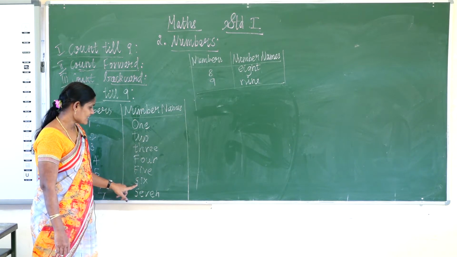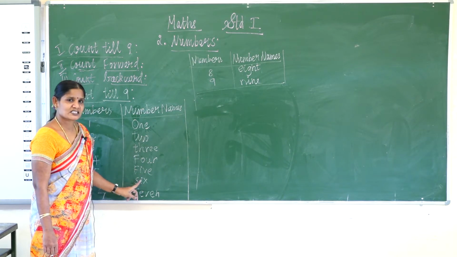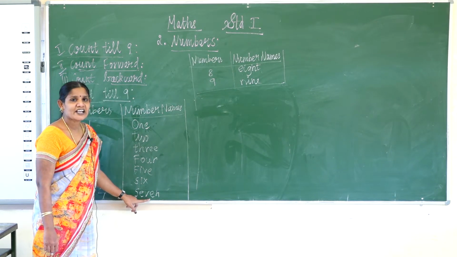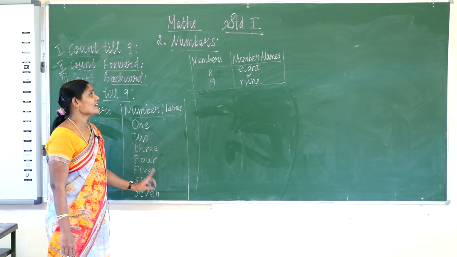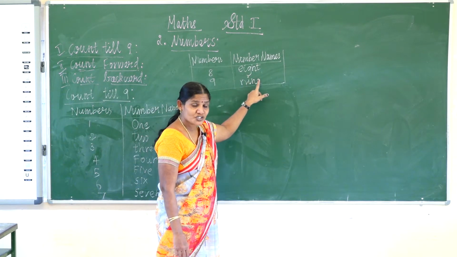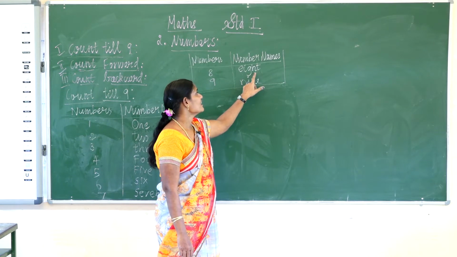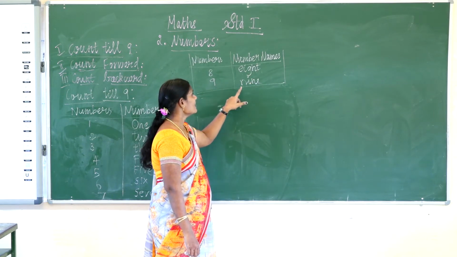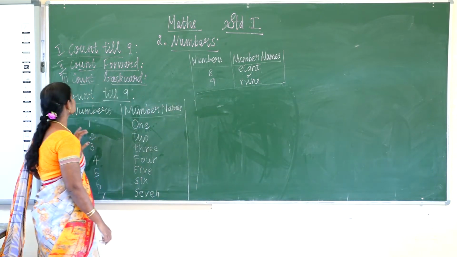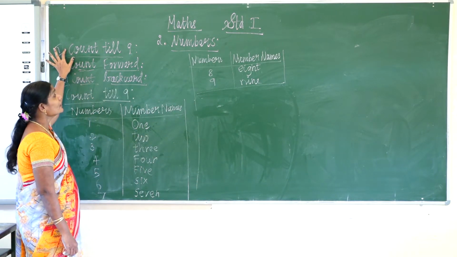Then 6, S-I-X, 6. Then 7, S-E-V-E-N, 7. Then 8, E-I-G-H-T, 8. Then 9, N-I-N-E, 9. Okay, so first we finish counting up to 9.